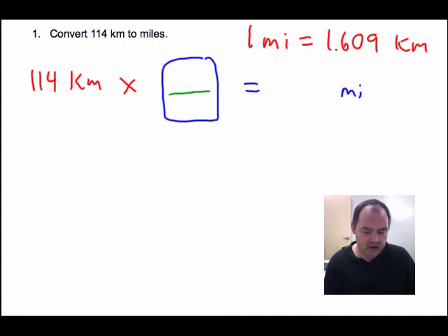So in the blue box where I have kilometers on the bottom, I have to match my units so that they will cancel out when multiplication occurs. And then if kilometers are on the bottom, miles would be on the top. So we would have the 1 mile over the 1.609 kilometers, that number being 1, and that's giving us miles.